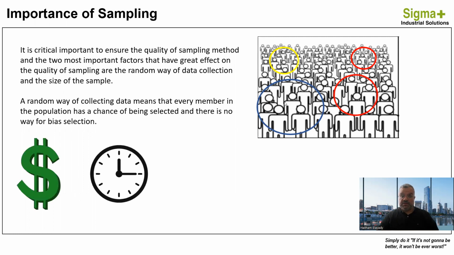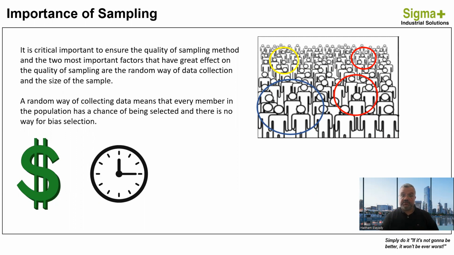But do not ever forget that there will be an associated cost and an increase in the time for collecting the samples. That's why it's so important to calculate the optimized sample size, so you can control the time and the cost of the resources.